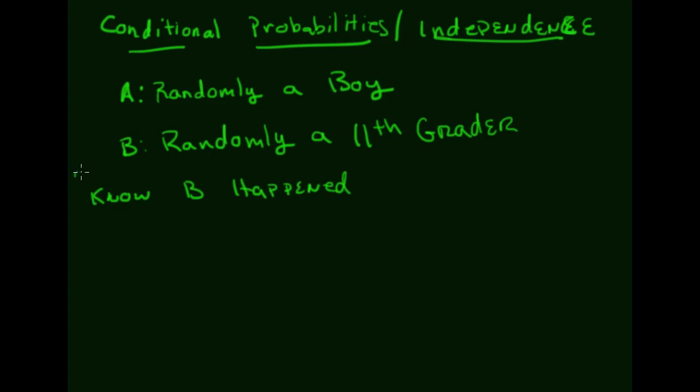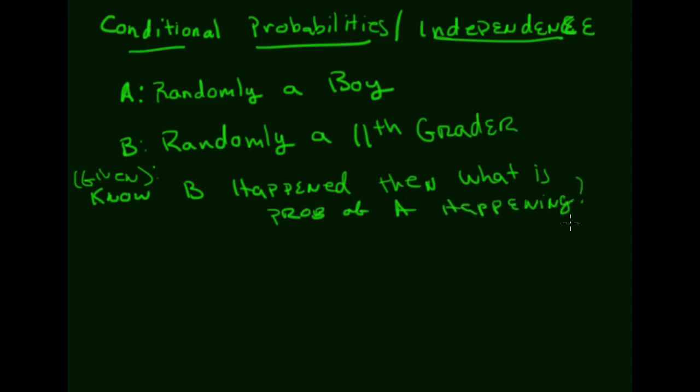Another way of saying this is I'm given that B happened. Then I want to know the probability of A. So if I know this happened, then what is the probability of A happening? Another way of writing this is the probability of A given B, or the shorthand way of writing it.